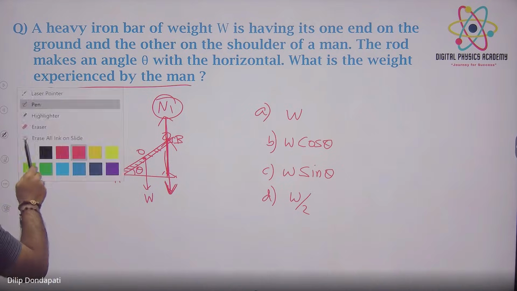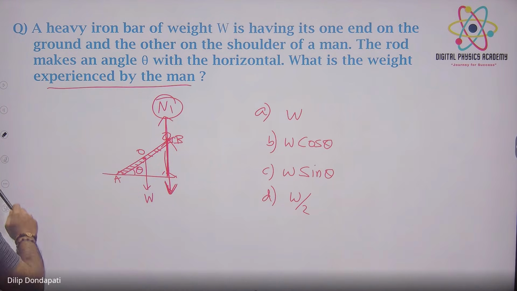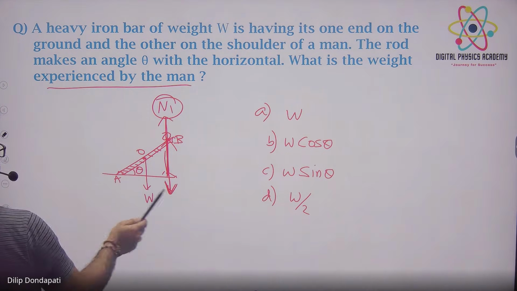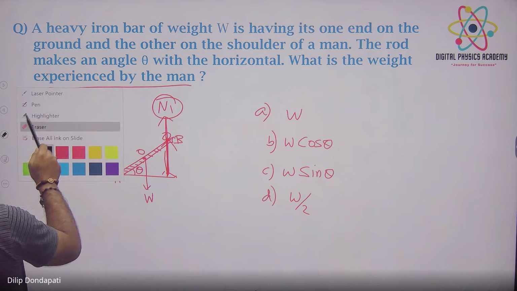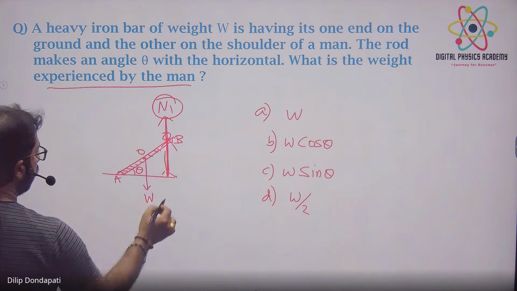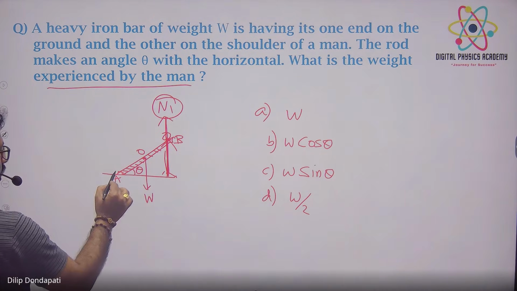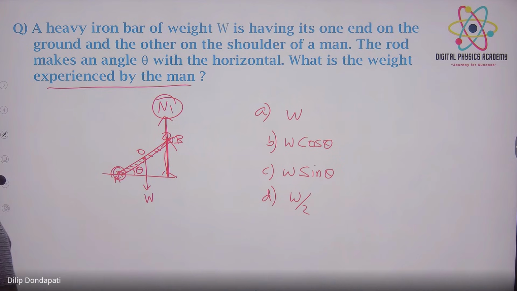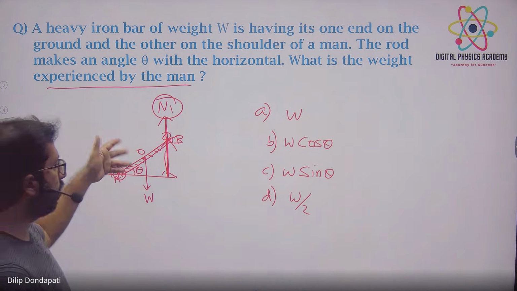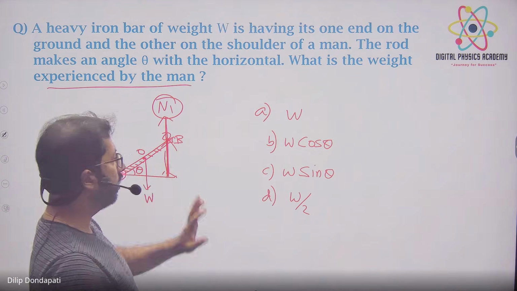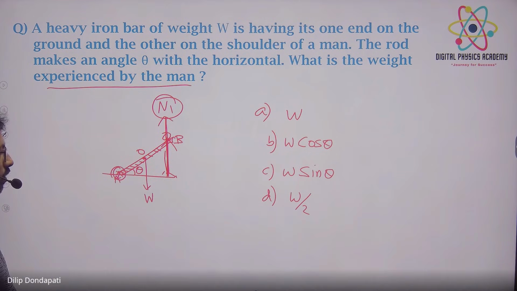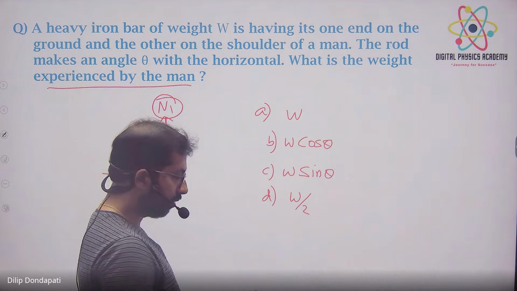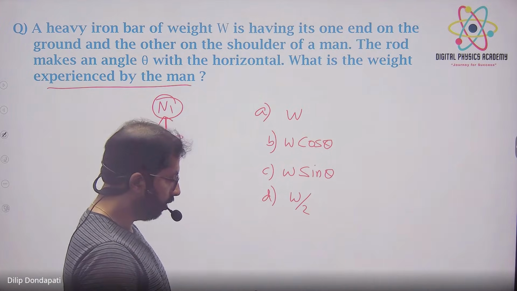Torque about any point is equal to 0. Torque about any point is equal to 0. So I'm taking about this point. Take torque about any point so that the normal reaction will be lost. I want that N1, right? So do I have to take the distance as L?